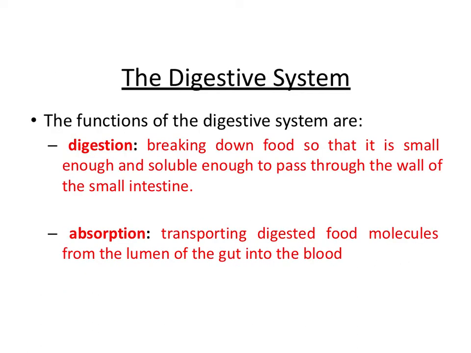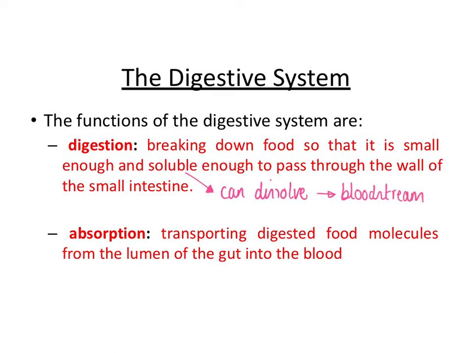Okay, so first of all we've got the digestive system and the functions of the digestive system. Digestion is breaking down food so that it is small enough and soluble enough to pass through the wall of the intestine. The term soluble means that it can dissolve, and we want food to dissolve into our bloodstream.